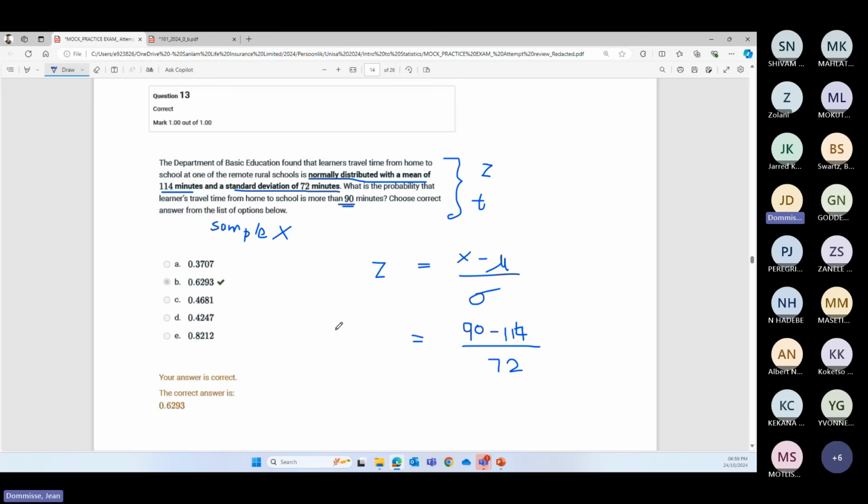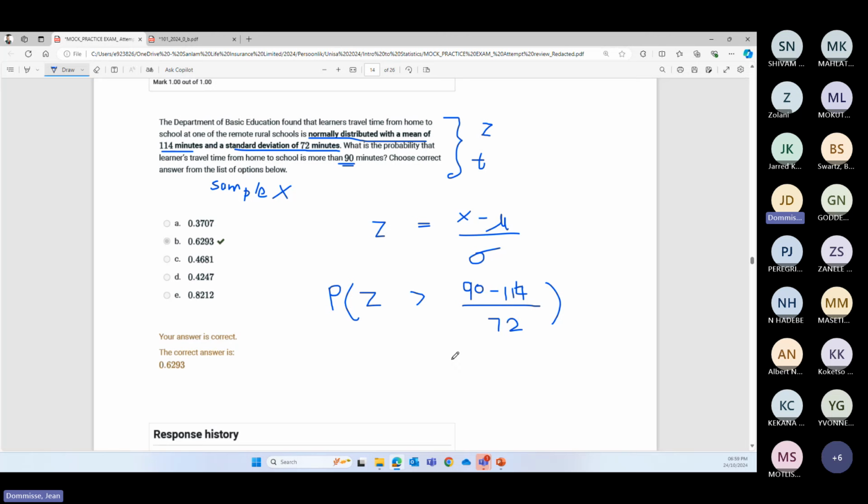Let's write it as the probability that Z. So 90 minus 114 is minus 24, divided by 72.